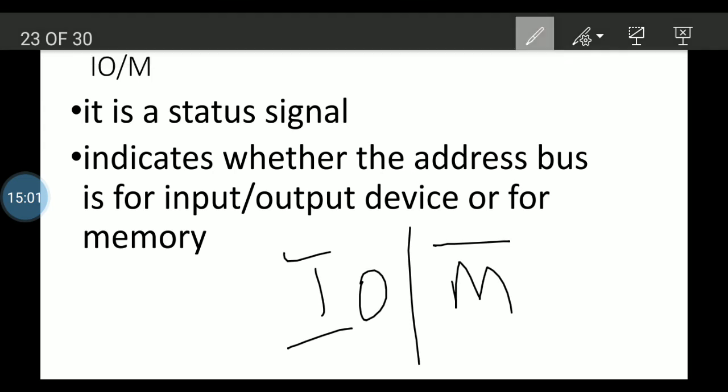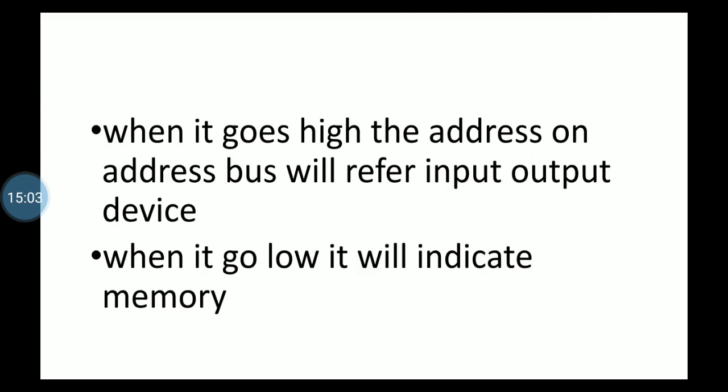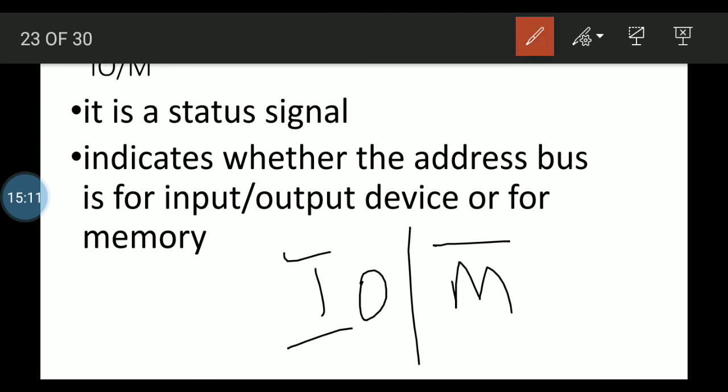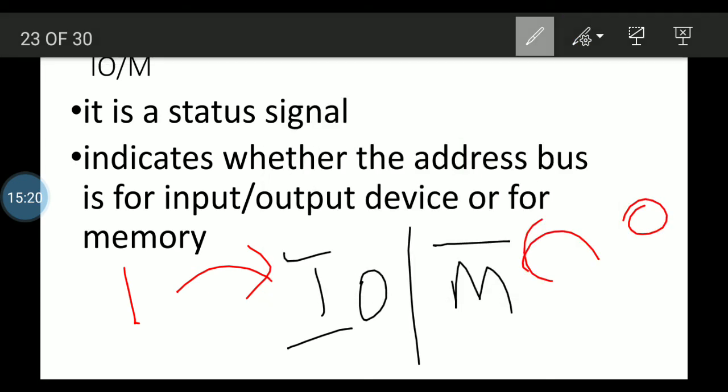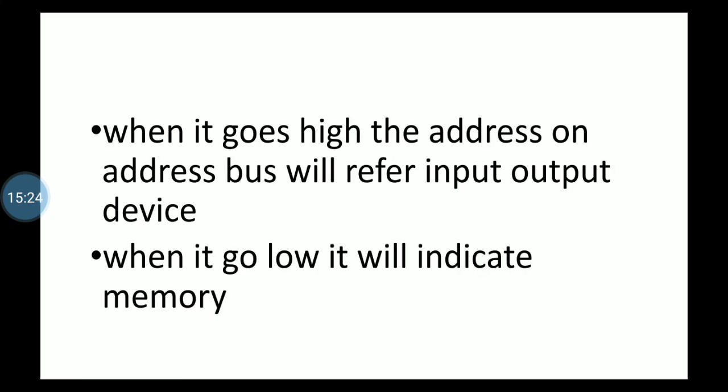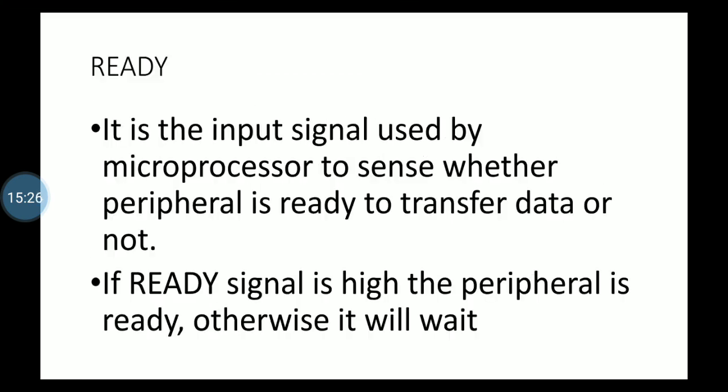IO/M: when it goes high, the address on the address bus will refer to an input output device. When we get signal 1, it refers to input output. When we get signal 0, it refers to memory. Understood? When it goes low, it indicates memory.